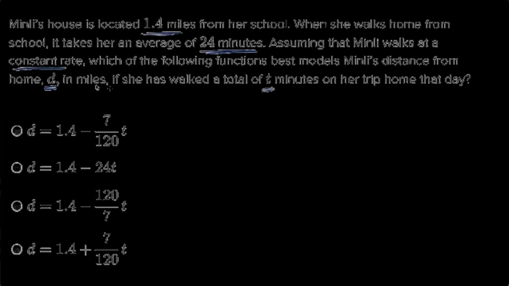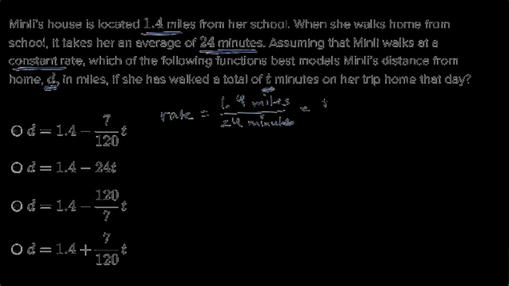So let's just think about her rate, her constant rate that they're talking about. The rate that Minli walks, well, she covers 1.4 miles in 24 minutes. Well, this isn't a pretty fraction with the decimal in the numerator, so let's multiply the numerator and the denominator by 10 so that we get rid of this decimal.